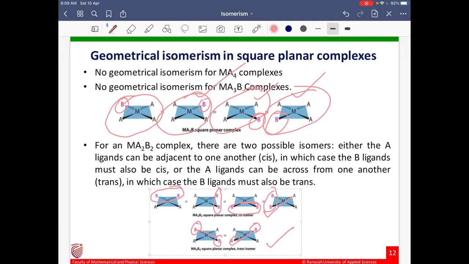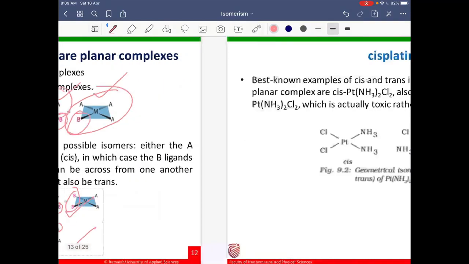So this isomer is known as trans isomer. So for an Ma2B2 complex, two possibilities of geometrical isomerism. Either the A ligands can be adjacent to one another, cis, it's shown here. Or the A ligands can be across from one another, trans isomer, that's shown here.